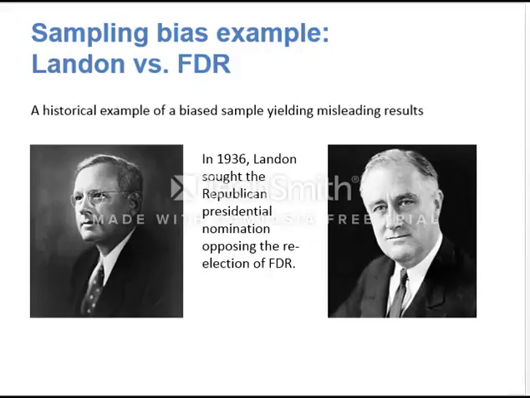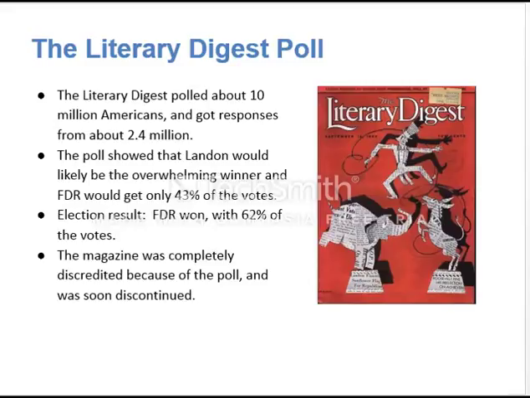I'd like to illustrate this really briefly just to also bring up another point, a common misconception I see with students, okay? So in 1936, Landon sought the Republican presidential nomination. He was running in opposition to FDR. During the election, a magazine that was very popular at the time called the Literary Digest did a poll.